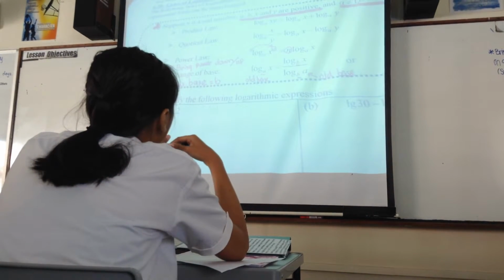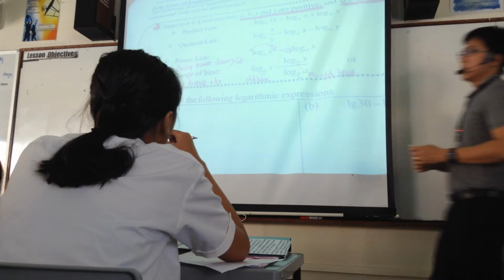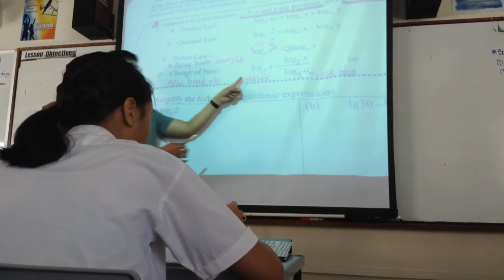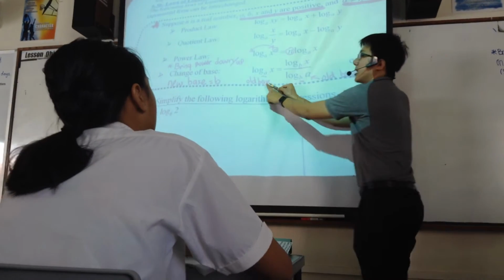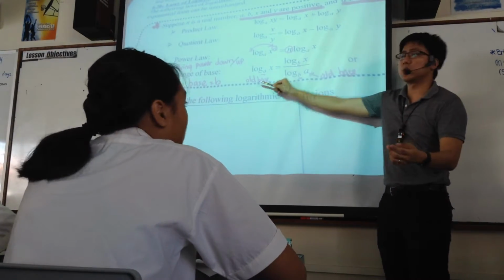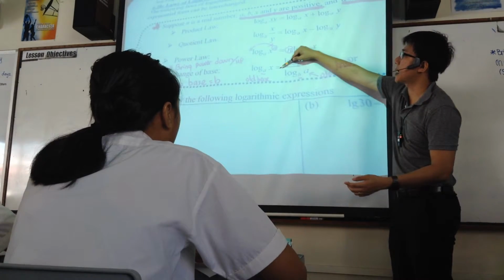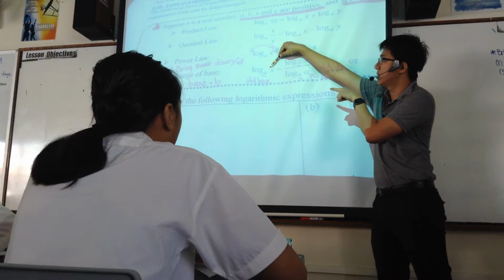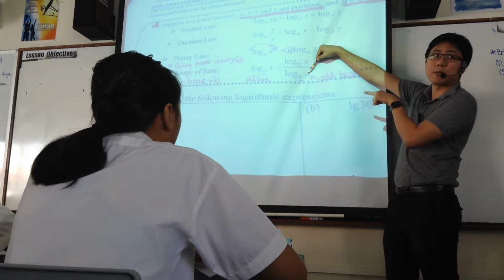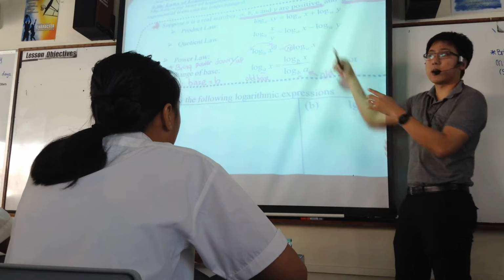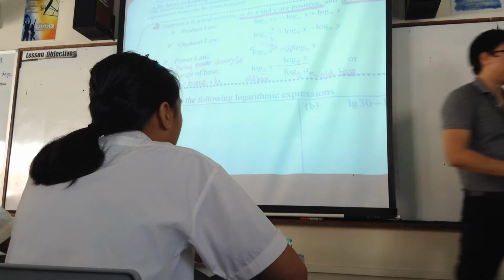Okay, I repeat again. So change base law means if I have an old base A, I can change to a new base B. It becomes a fraction now. The top number is the number. The bottom number is the old base. Okay?